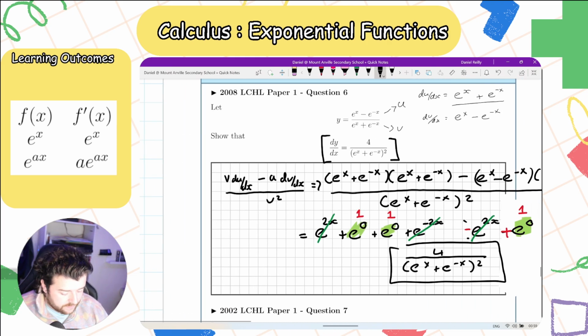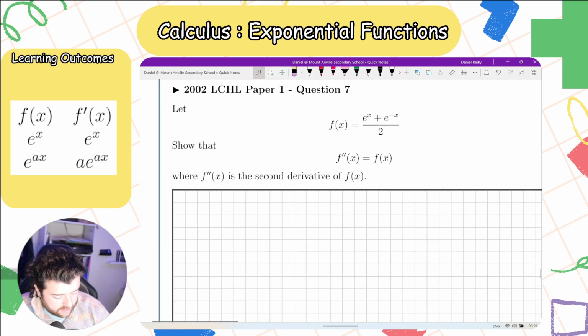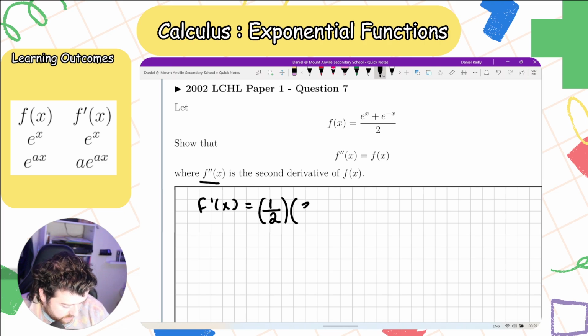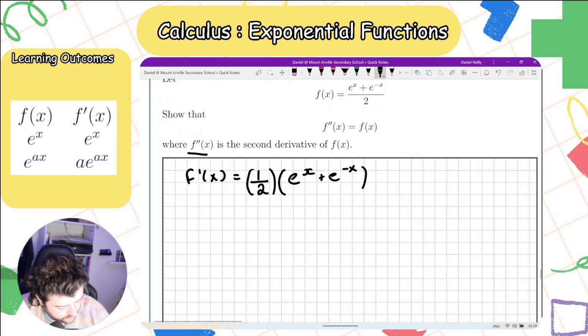Stunning. Right? Now this one here, we want to prove that the second derivative is equal to the initial function. So let's find the first derivative. It looks like we might have to use the quotient rule, but actually this can just be written as a half times (e to the x plus e to the minus x).